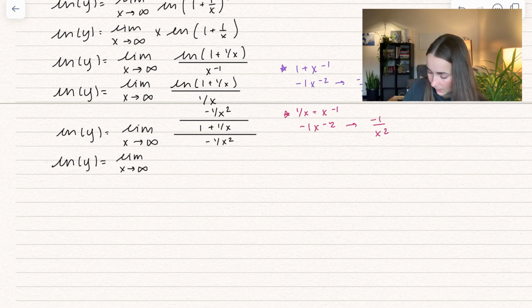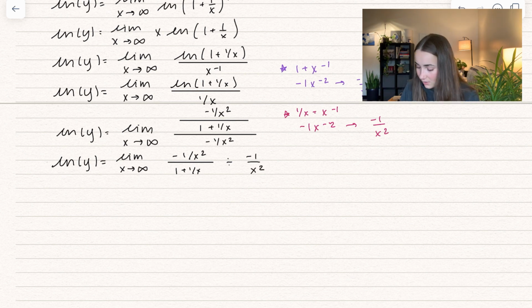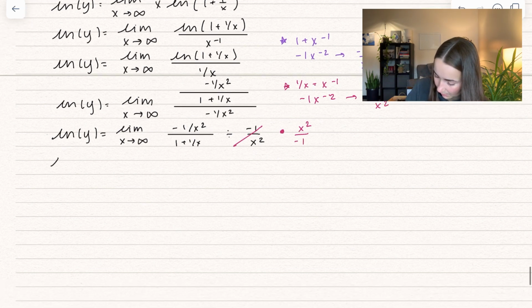So we have the numerator. So the numerator is negative 1 over x squared divided by 1 plus 1 over x. And right now we're dividing by negative 1 over x squared, right? So when we divide, really what we get to do is multiply by the reciprocal. So we multiply by x squared divided by negative 1. So let's go ahead and multiply the numerators and the denominators.